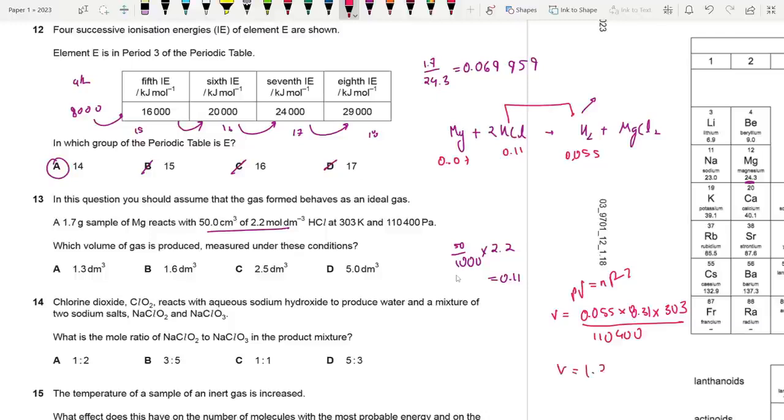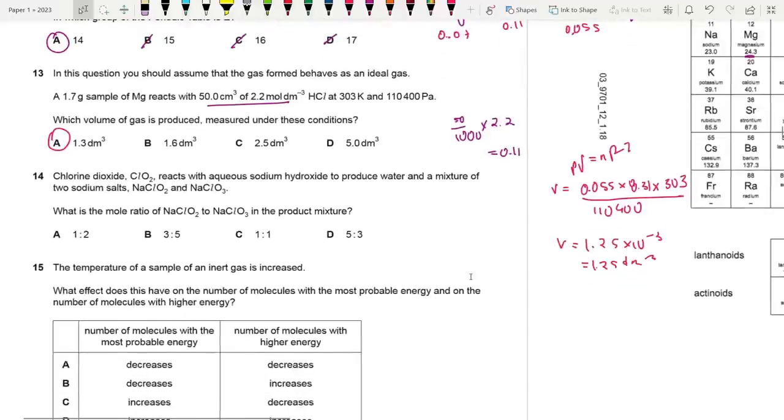So V is equal to 1.25 times 10 to the power minus 3 meter cube, times 10 to the power 3 gives you an answer of 1.25 dm cube. So the closest answer for this is actually 1.3 rounded off. That is correct.